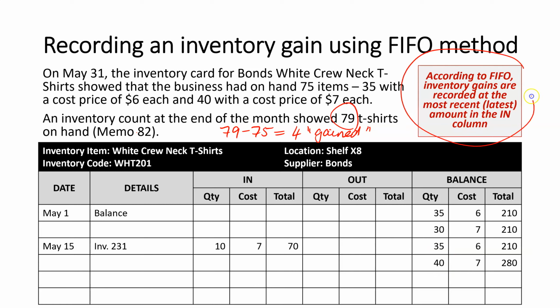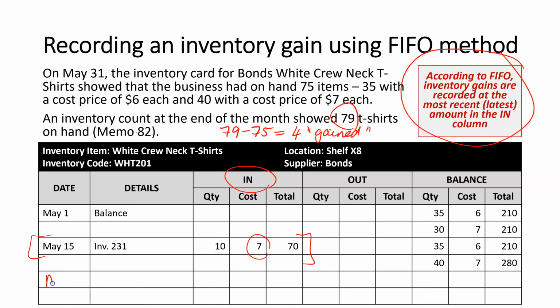So, according to FIFO, inventory gains are recorded at the most recent or the latest amount in the in column. So we need to go through our in column, and we can see that our most recent transaction was on the 15th of May, and we had a credit purchase of items at $7 per unit.